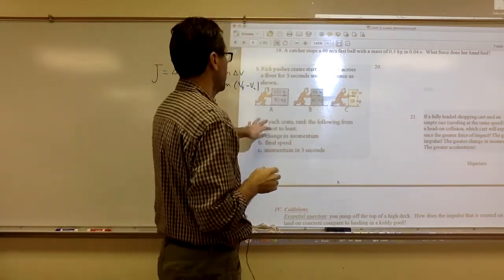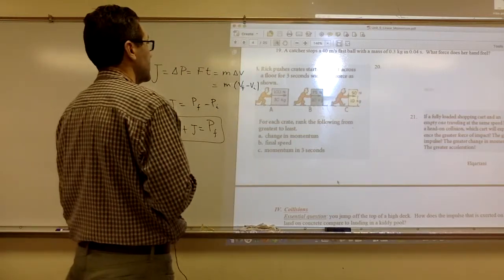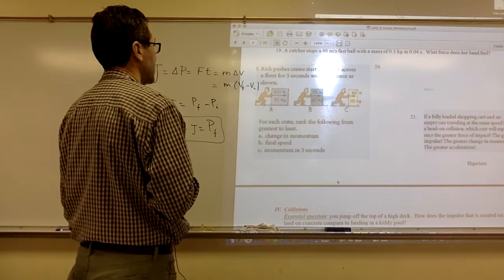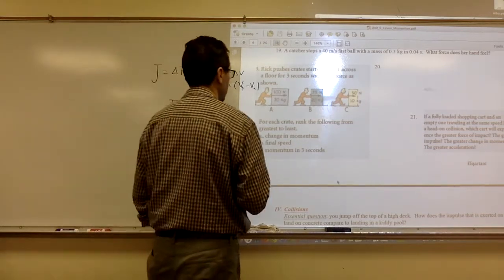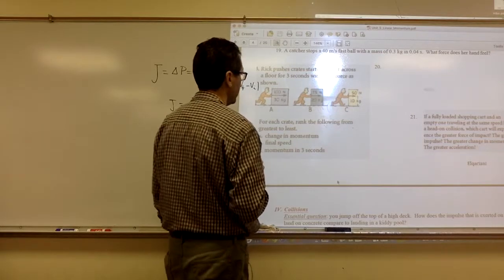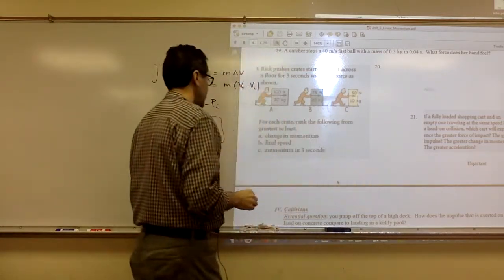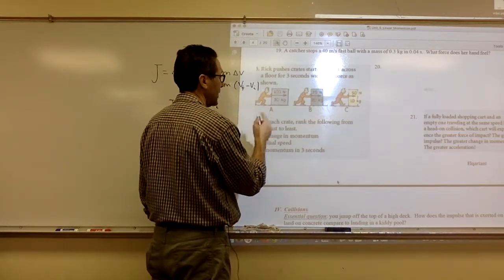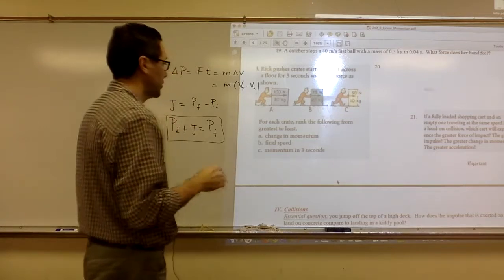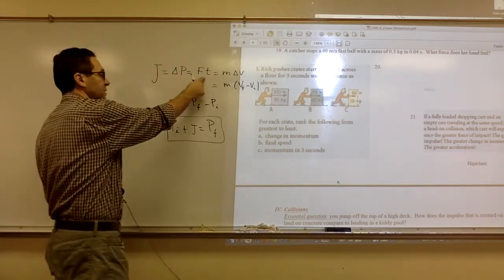Let's look at this picture here, which is number 20. The wreck pushes crates starting at rest across the floor for 3 seconds with the net force as shown, right? For each crate, rank the following from greatest to least. Now, change in momentum. Since I don't have the velocities, I'm going to have to rely on the change in momentum being Ft.